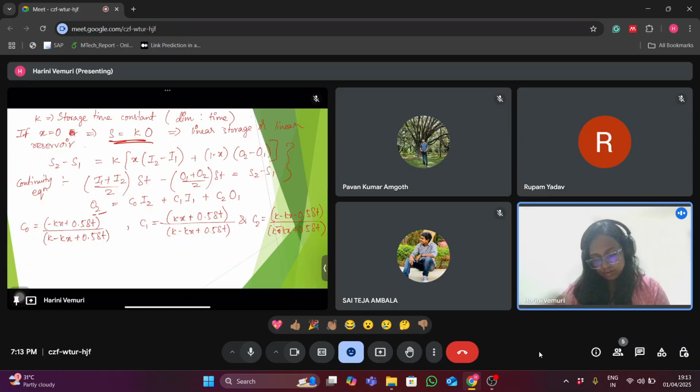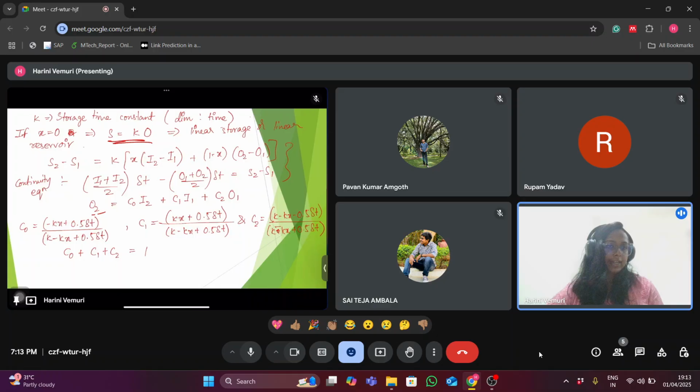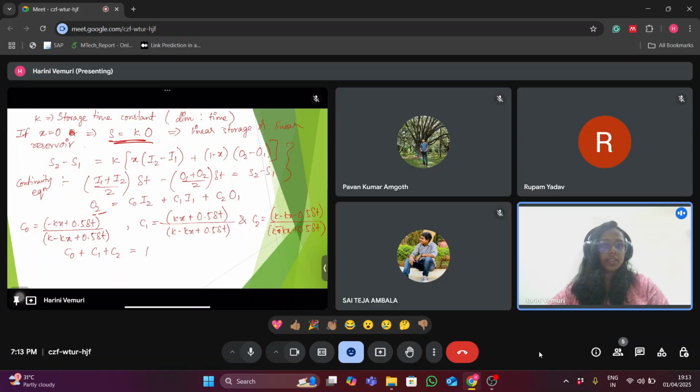Here also there is one check that you have to do. The sum of all the constants C0, C1, C2 will always be equal to 1. Also, k and delta t should be in the same units. If delta t is in hours, k will also be in hours. If delta t is in days, k will also be in days.